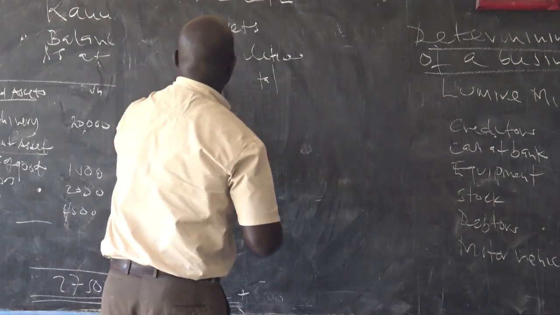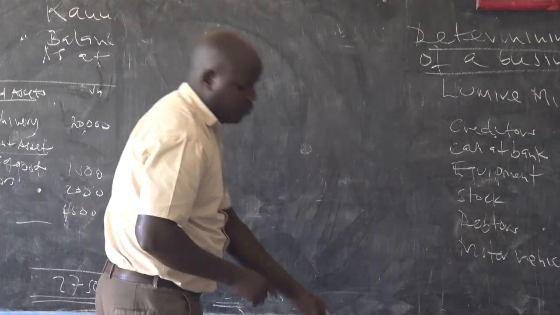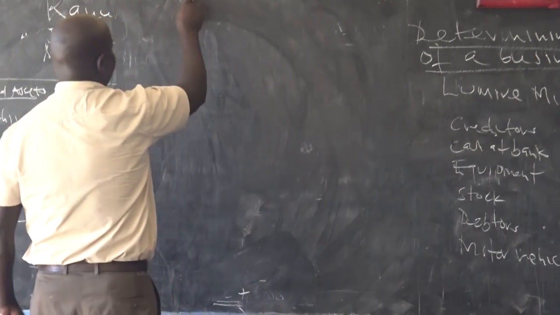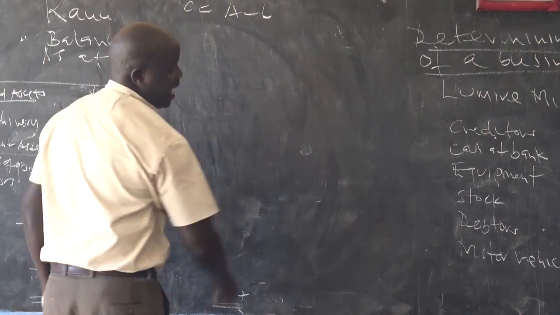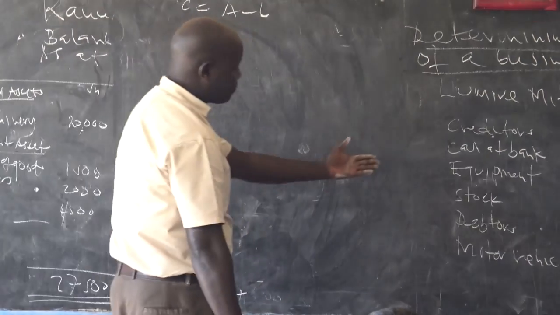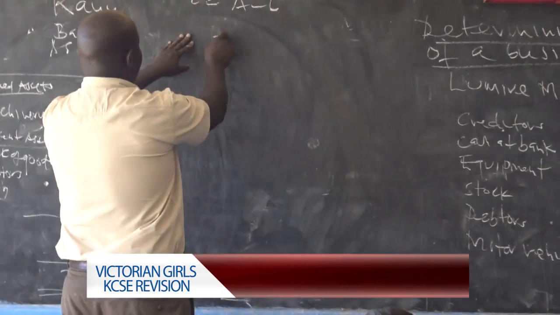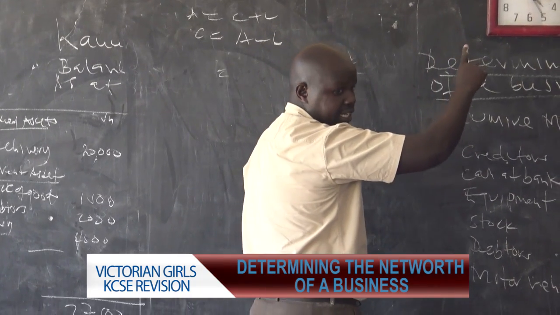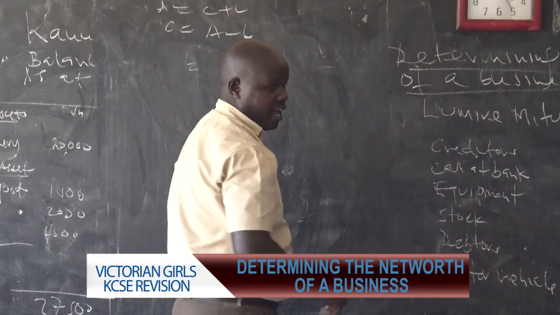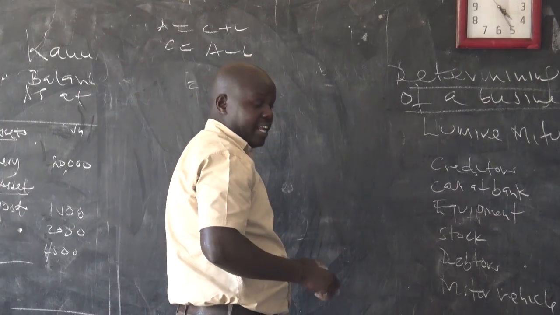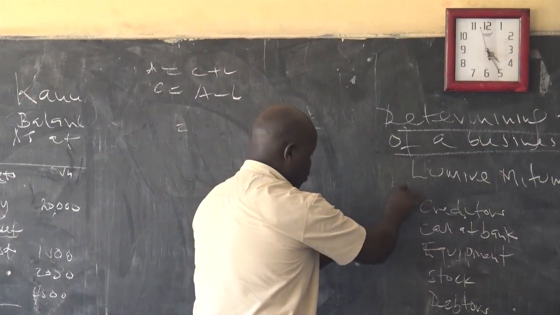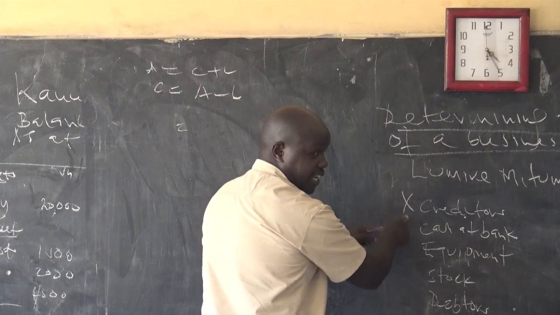So in this case, of course we know, assets equal capital plus liabilities, and capital equals assets minus liabilities. From here, can we have our assets? So let's first of all identify creditors as a liability.